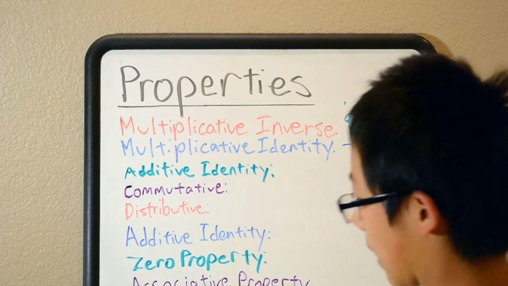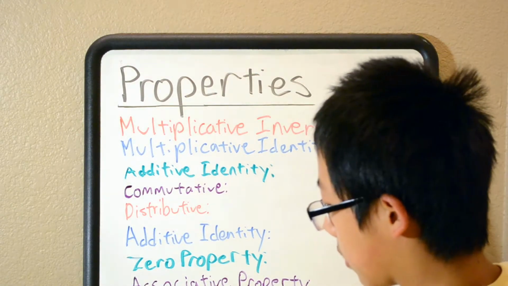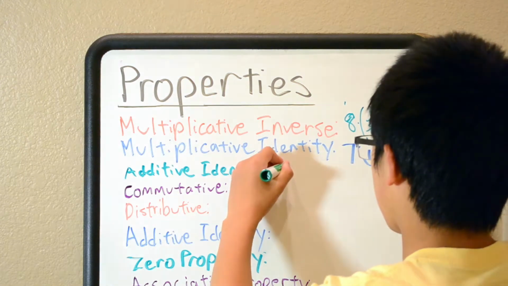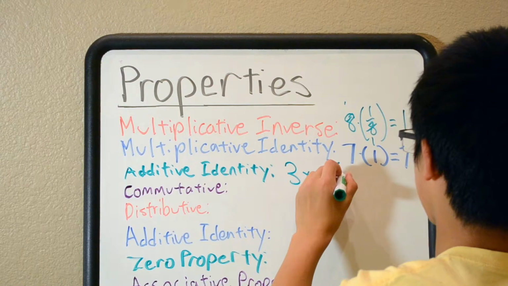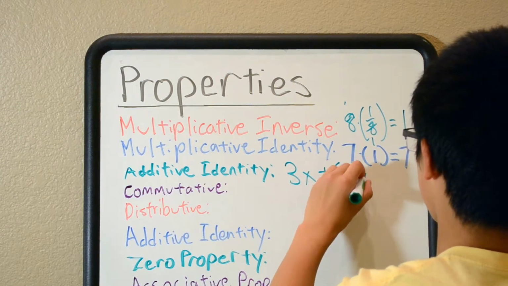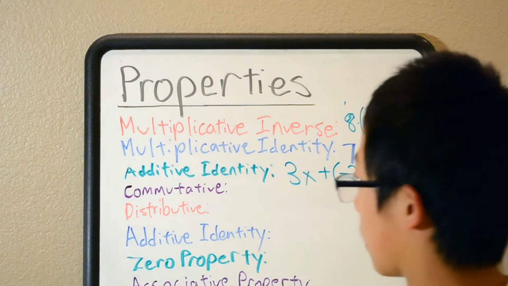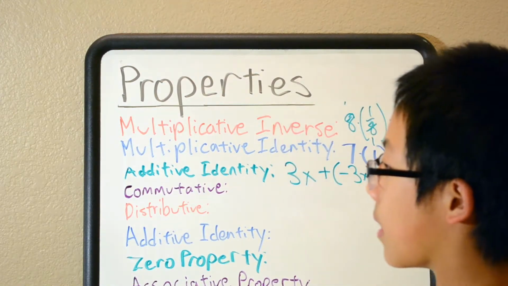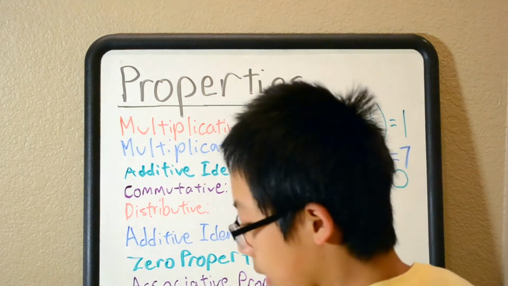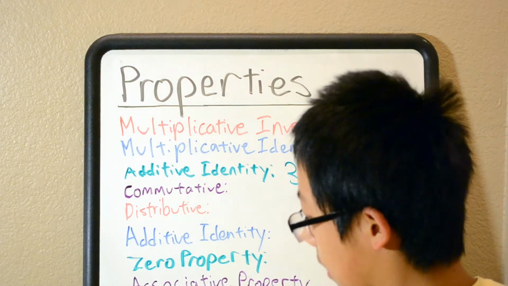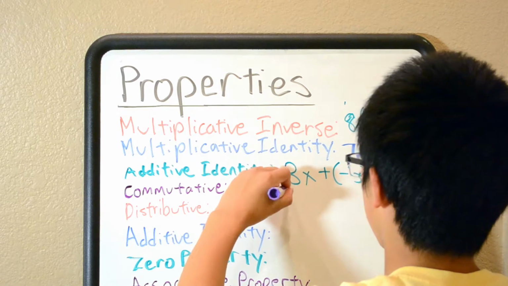And now additive inverse. Additive inverse means when you add a number plus the negative version of itself, so 3x plus negative 3x, you get 0. And now the commutative property means when you swap numbers, you still get the same answer. For example, let's have the numbers x plus 3 plus y.